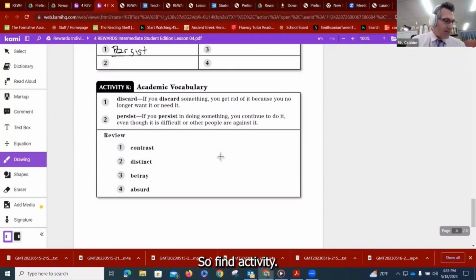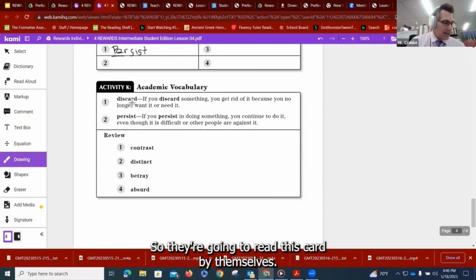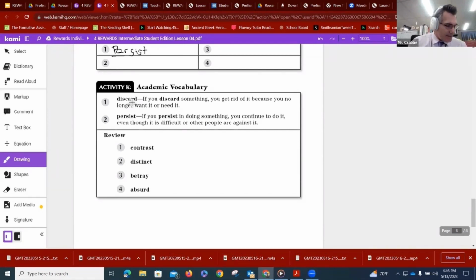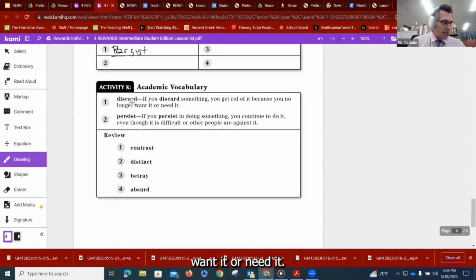So find activity K, you're going to learn 2 vocabulary words. Look at line 1, pause, and then read the word to yourself. Okay, so they're going to read discard by themselves. What word? And then you're going to say discard. Read the explanation with me. If you discard something, you get rid of it because you no longer want it or need it. Okay.